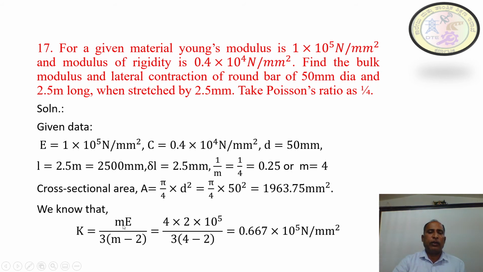So substitute the value of m as 4 and E as 1 into 10 raised to 5. And after calculation, we will get the value of K as 0.667 into 10 to the power of 5 Newton per mm square. In this problem, the modulus of rigidity is given, so that is extra data.